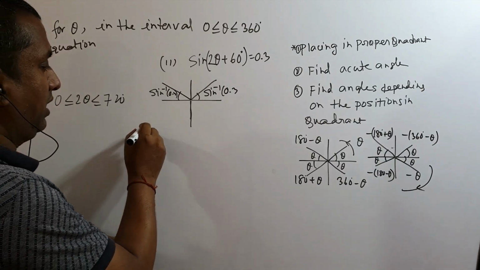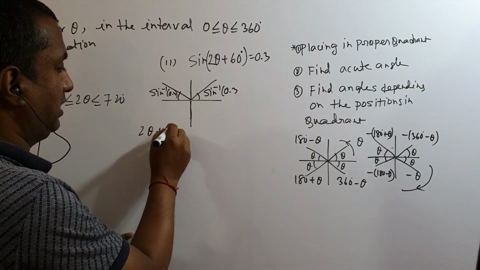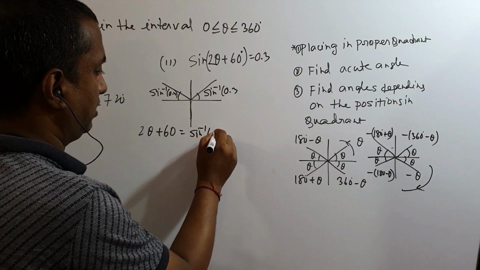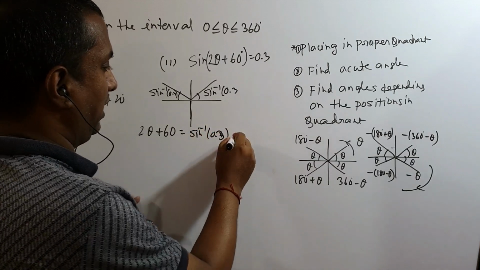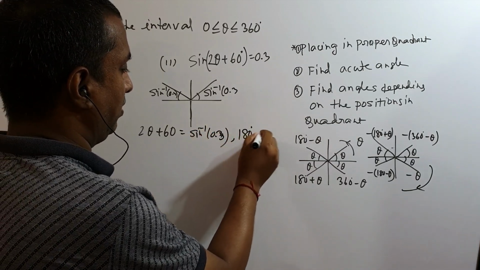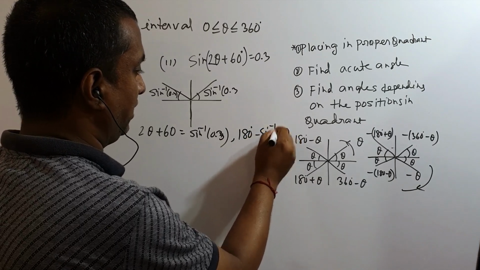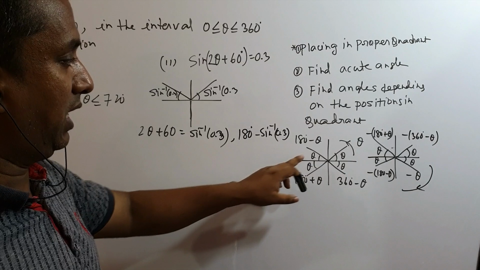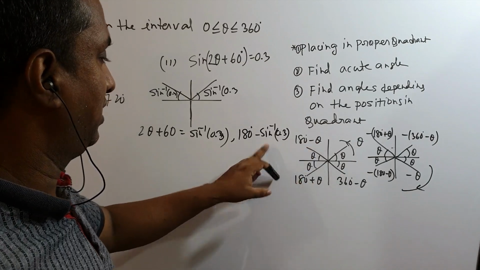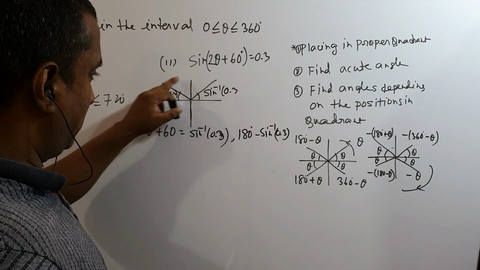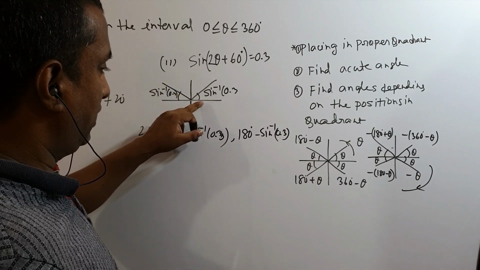So we can write 2 theta plus 60 equals sine inverse 0.3, and then 180 minus sine inverse 0.3. See, second quadrant is 180 minus theta. I finished that. Now if you complete a rotation, it will be 360.